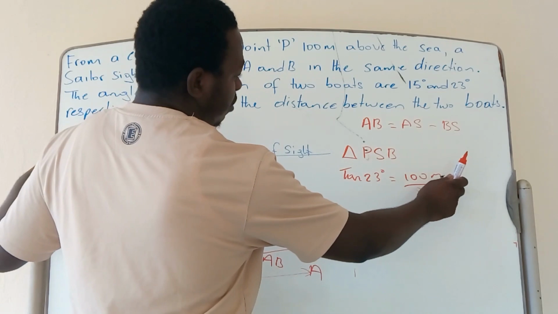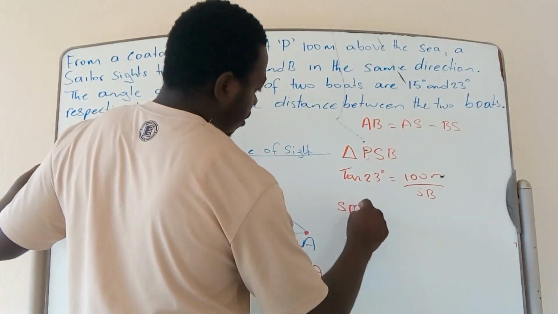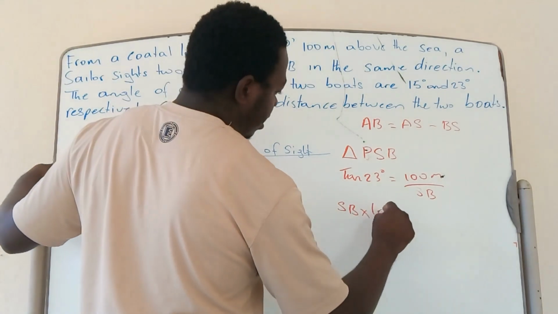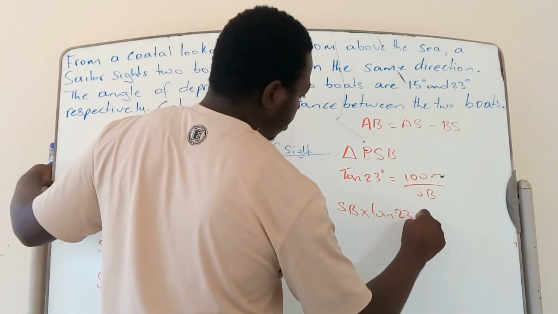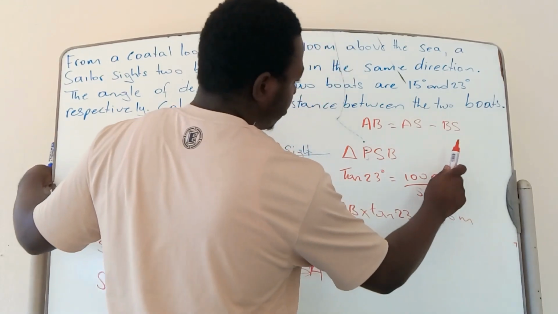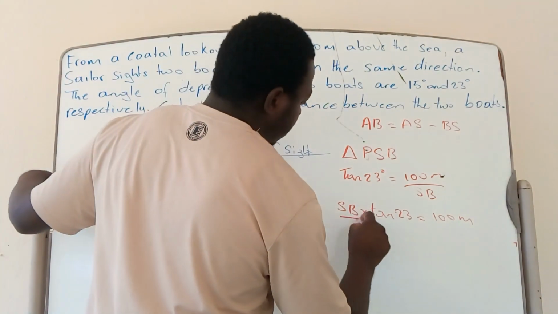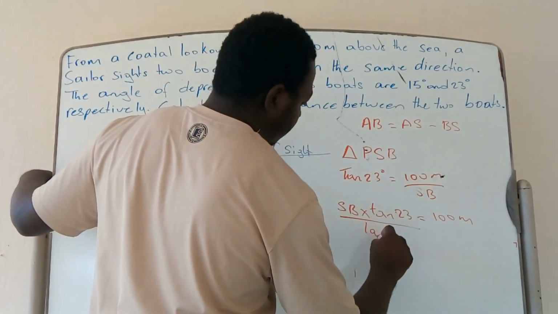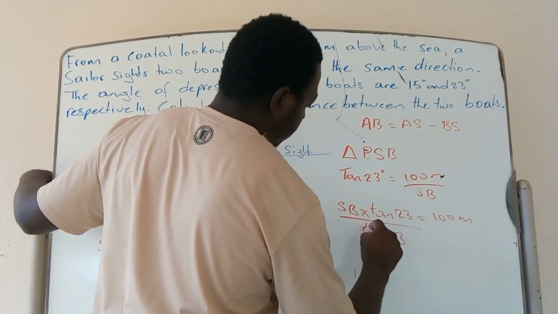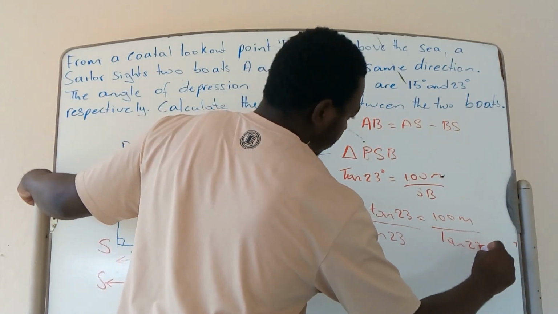So we're going to multiply both sides by SB, so we know that SB times tan of 23 degrees is equal to 100 meters, because SB is going to cancel out here, right? So now we need to divide both sides by tan 23 and divide this side by tan 23.